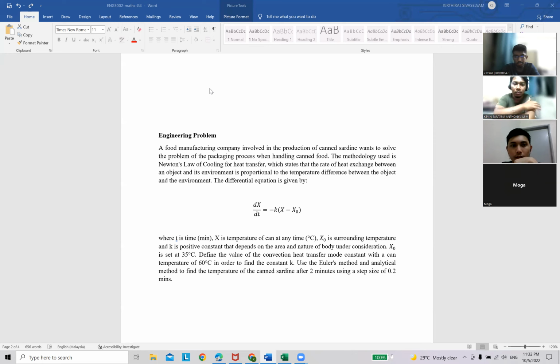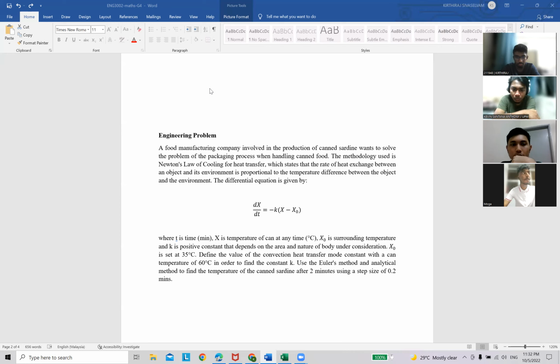So as shown, the differential equation for this is given by dx over dt equals negative k times (x minus x naught), where t is the time while x is the temperature of the can at any time.